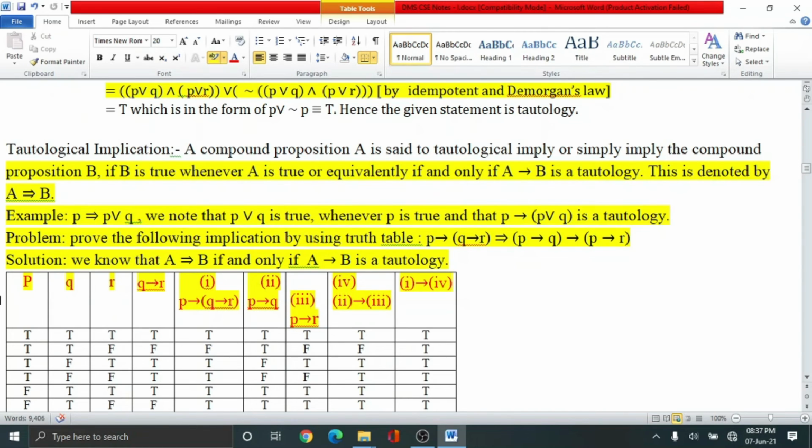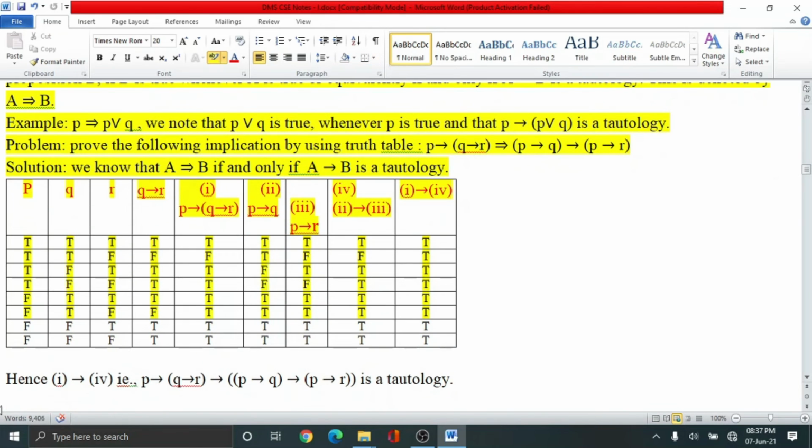And now you consider the required propositions P, Q, R and the required compound propositions like P implies R, P implies Q implies R, P implies Q, P implies R, and the resultant value of the given compound proposition. And by constructing the truth table for the given propositions, because it is 3 variables we can have 8 rows of truth values.